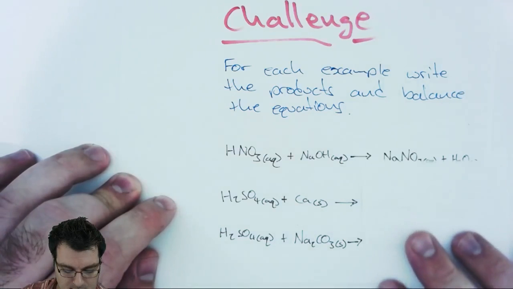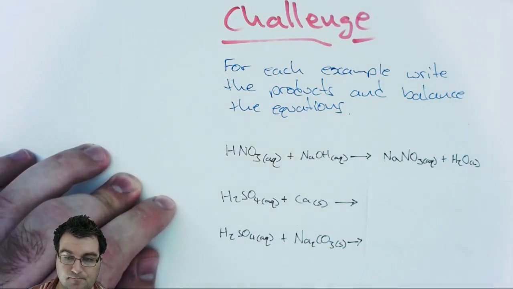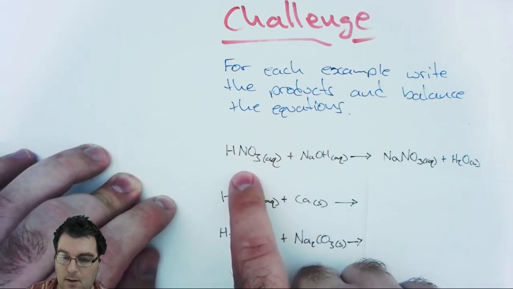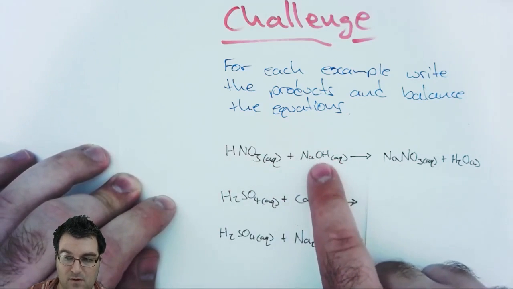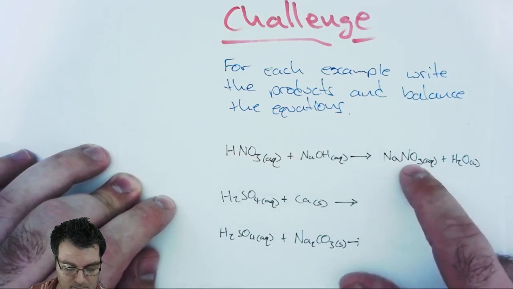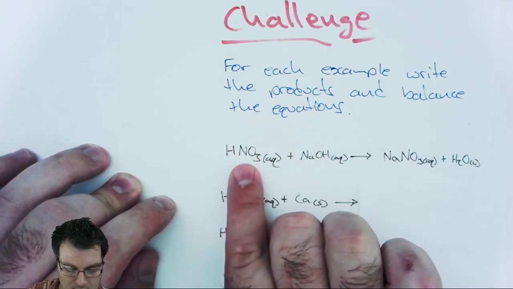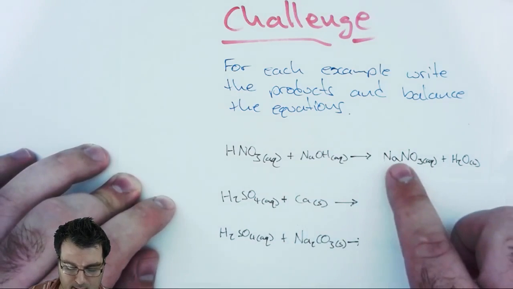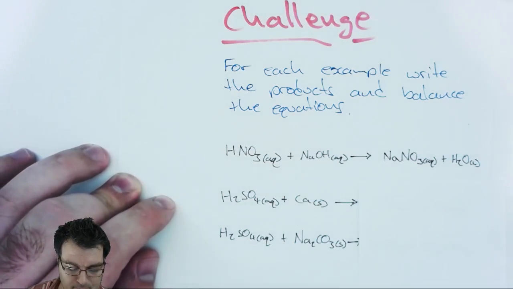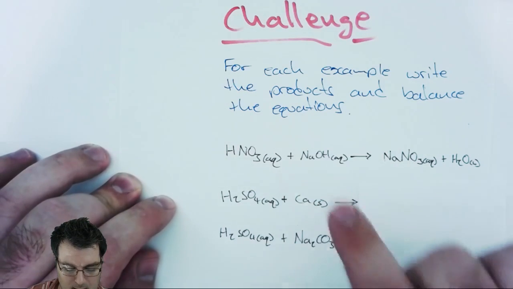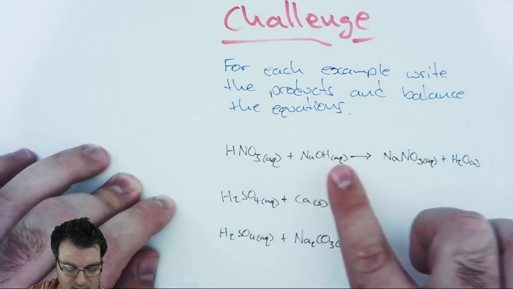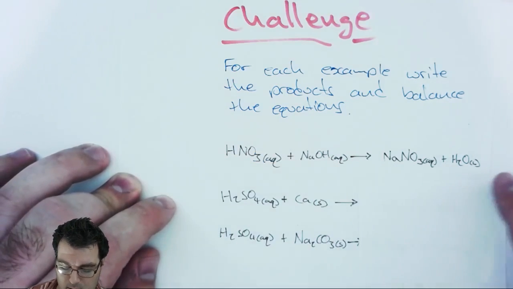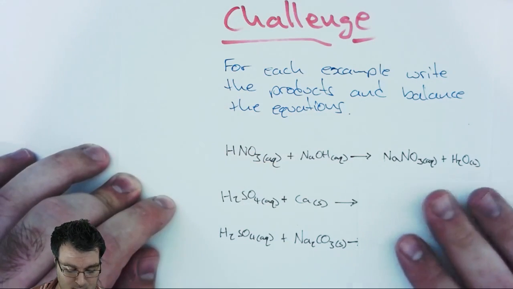Now, in the case of our first one just here, we have nitric acid reacting with sodium hydroxide. That's going to form a salt where it picks up the nitrate ion from the nitric acid and the sodium cation from the sodium hydroxide. All right, and where our donated hydrogen is going to be donated to our hydroxide ion to form water.